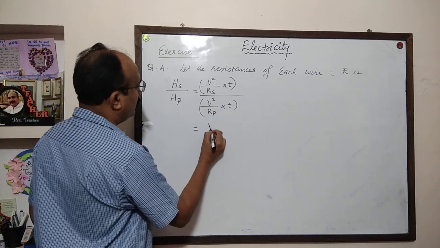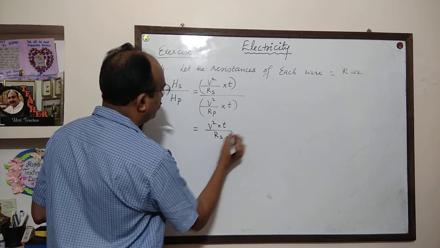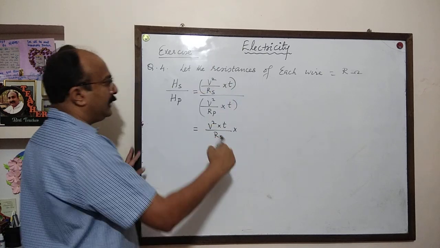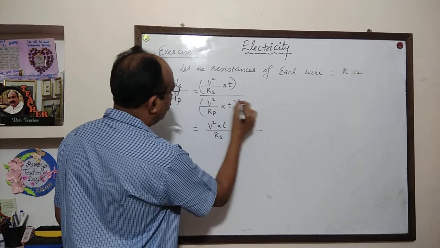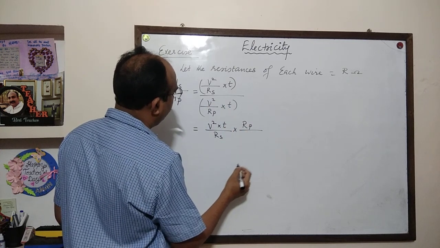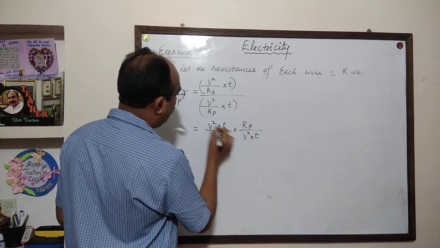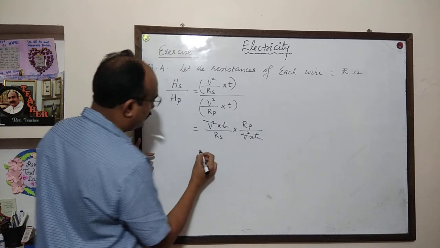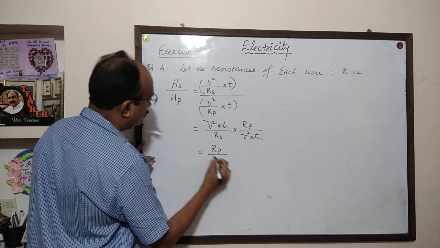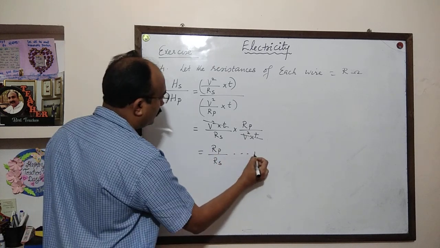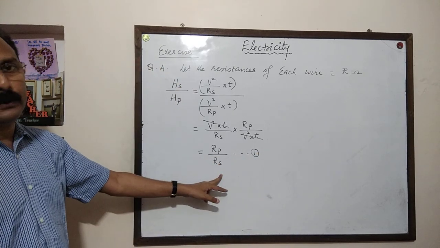So this is equal to V square into T upon Rs, multiplying by reciprocal. Rp will go to numerator, V square T in the denominator, V square into T got cancelled, we got Rp upon Rs. So we got Hs upon Hp equal to Rp upon Rs.